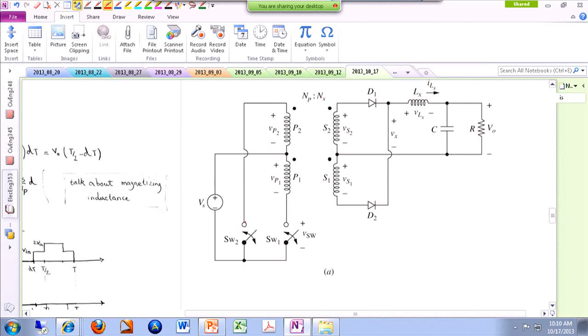Okay, so let's take a look. I have this switch shorted. Now, if you apply KVL around this kind of twisted loop, what you can see is V primary 2 is the opposite of Vn. So now we are applying a negative voltage to the primary side of the transformer. And first of all, remember V primary 2 and V primary 1 are always the same, because the number of turns are the same.